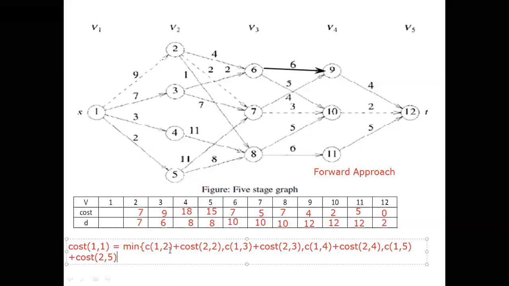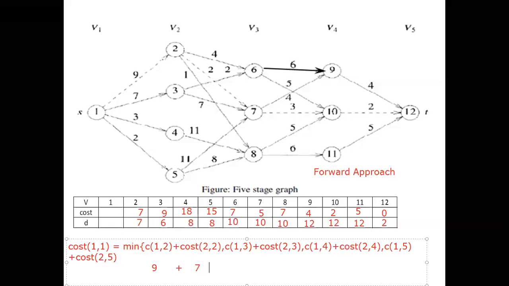What is C12? C12 is 9, right? Here I will write in the second line. Here it is 9 plus what is cost of 2? It is 7. 9 plus 7 is the first value. It is 16.